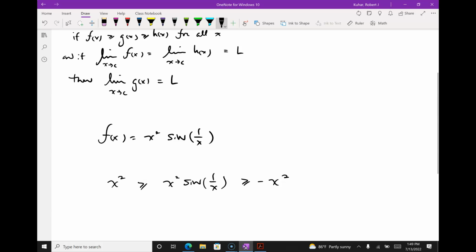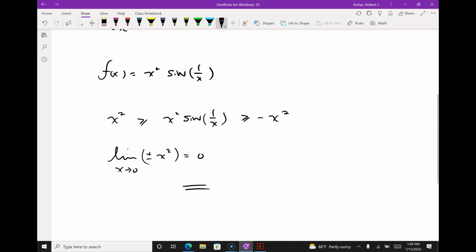And we know that the limit of plus or minus x squared as x goes to 0 is 0, correct? So, conclusion: the limit as x goes to 0 of x squared sine of 1 over x is also equal to 0.